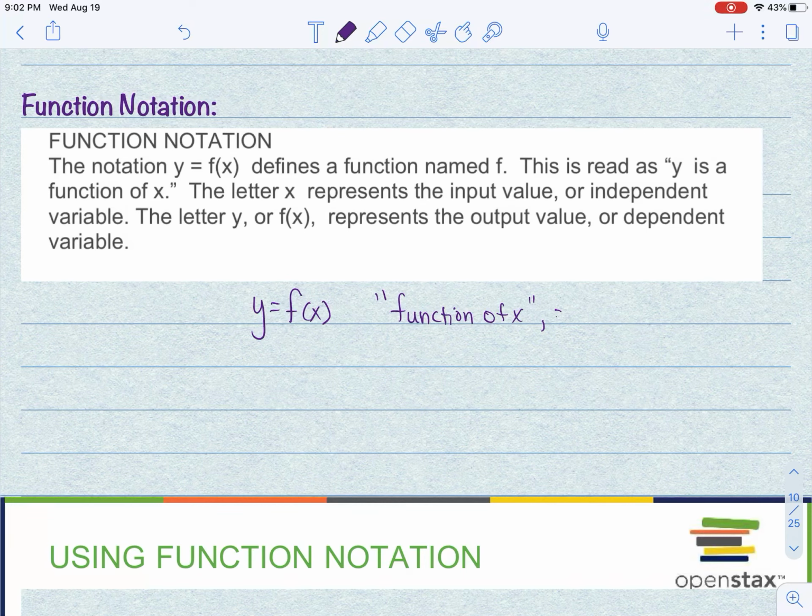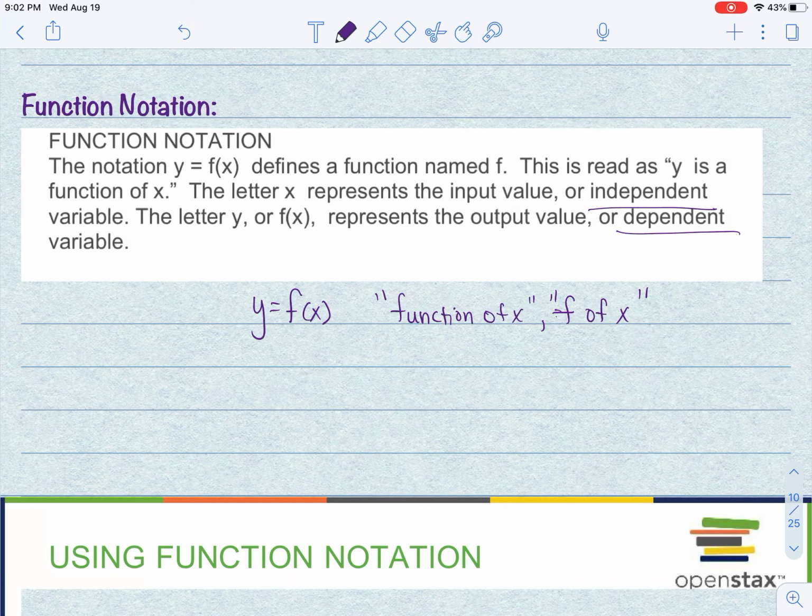We also may say f of x. x represents the input value and y represents the output value. We also call input values independent and output values, we also call those dependent variables.